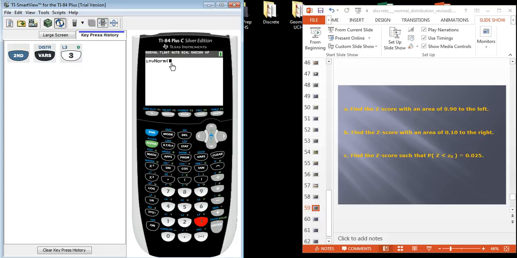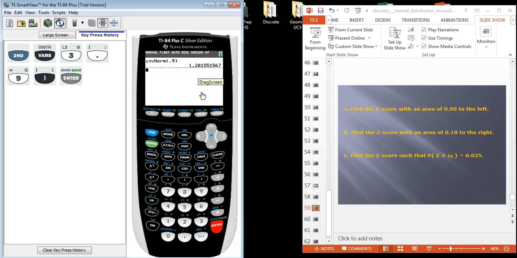I've got my inverse normal function, and this is to the left, so I enter 0.9, that's the area under the curve to the left. My solution for this is going to be 1.28. Generally speaking, we would just round it to the hundredths, so that would be fine.